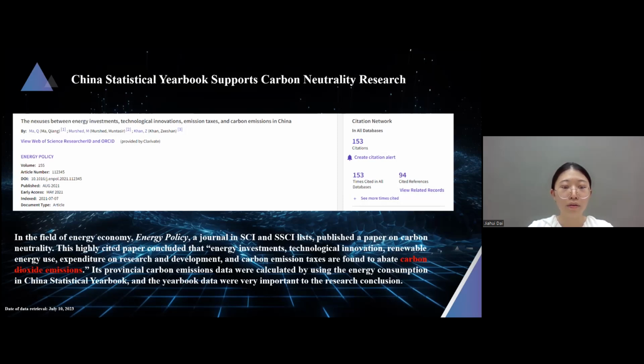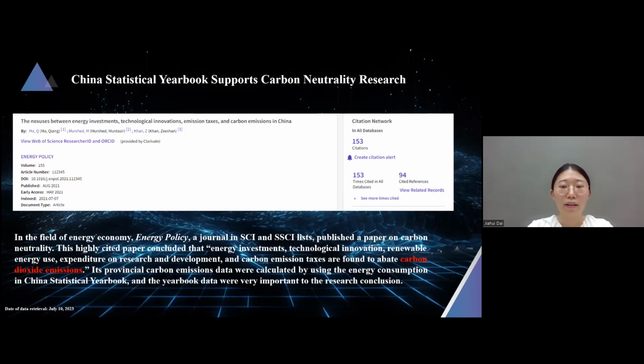To draw this conclusion, carbon emission data are very crucial. In this paper, the authors calculated provincial carbon emission data by using energy consumption data.